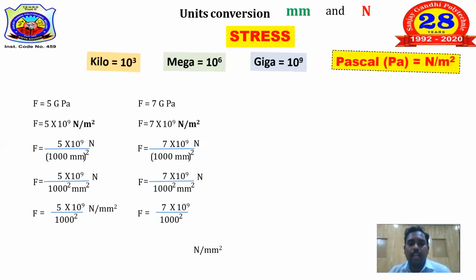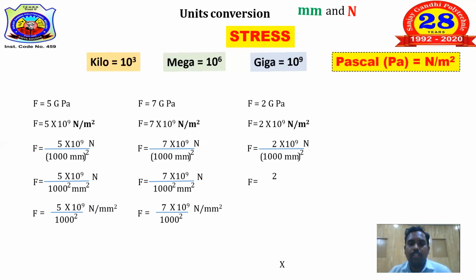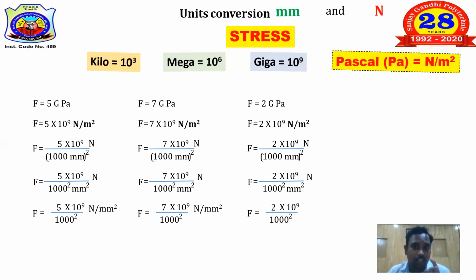This is your answer. Students, you try on your own. F equals 2 gigapascal. Just pause your video and solve this question. Anyhow, I'll give a solution for this question. This is a solution, and definitely you can go ahead with the further simplification. Definitely we are supposed to do that final simplification, but we require a scientific calculator. So I'll leave it up to here.